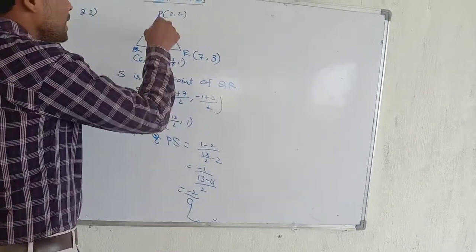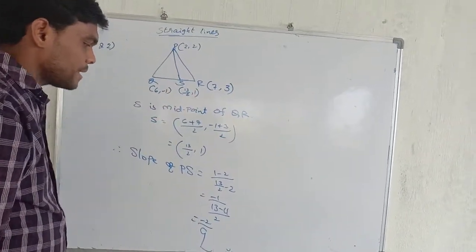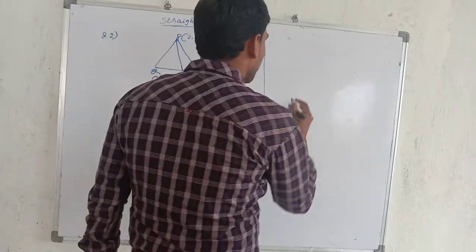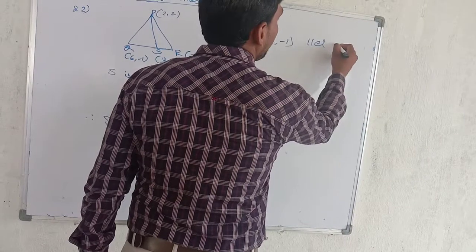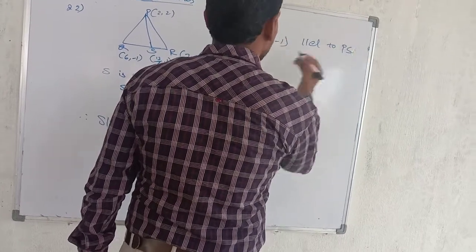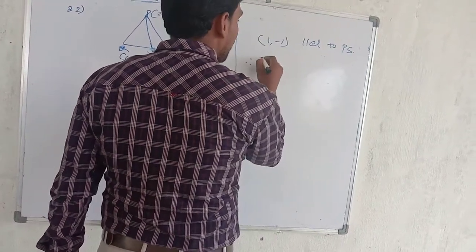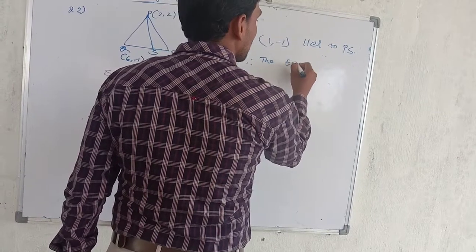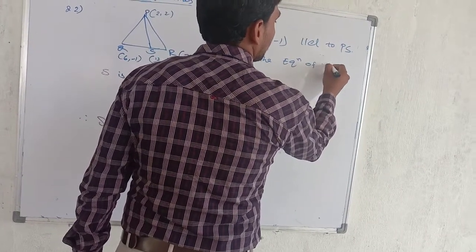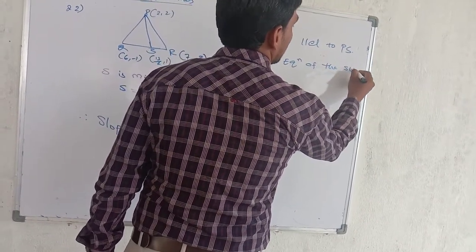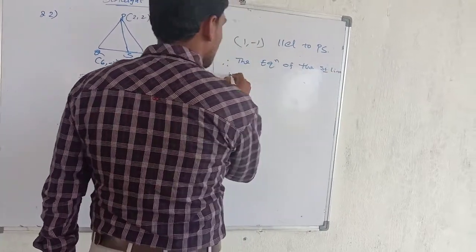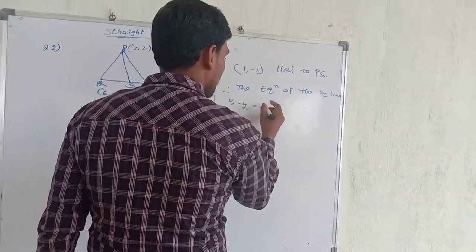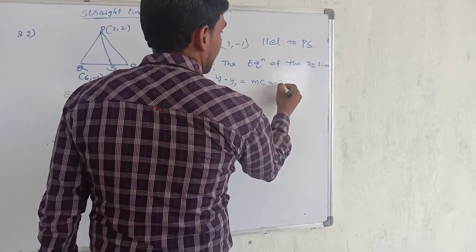Now the slope of the median is minus 2 by 9, and the required line passes through the point 1 comma minus 1 and is parallel to PS. Now the equation of the straight line is y minus y1 is equal to m into x minus x1.